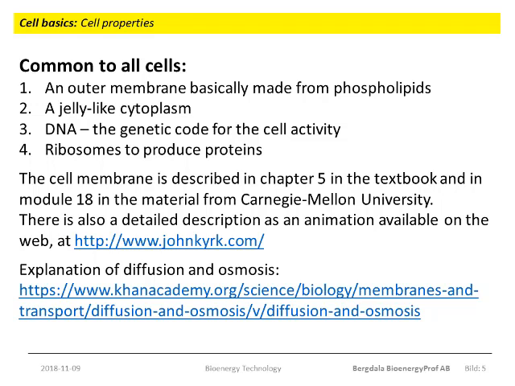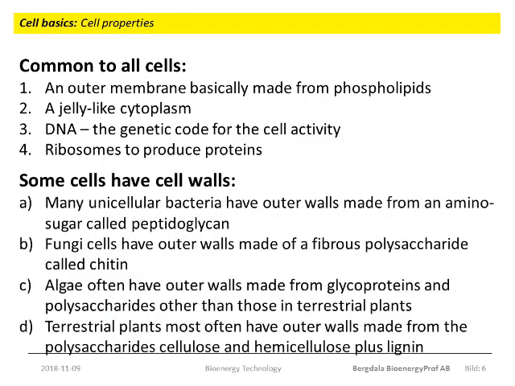Osmosis is also described in text section 5.2 in the book and in module 19, page 121 in the material from Carnegie Mellon. This osmotic pressure gradient may result in an overpressure inside the cell or an underpressure. In the first case, the cell may burst, and in the second case it may shrink. Both cases may lead to the death for the cell.